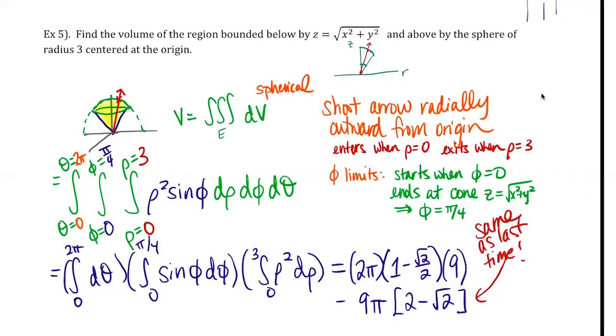Because we know that this is the cone, z equals r, that's a nice way to realize that this angle here has to be pi over 4. So that's what we're going to get for this top bound here. And then my theta just goes 0 to 2 pi. And then again, we can do the triple integral based on how this is set up, and we get the same answer that we did last time.